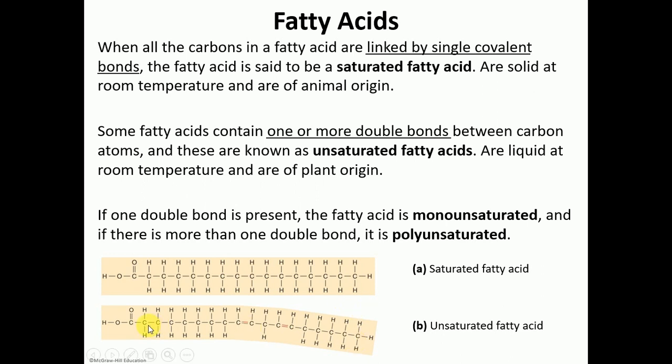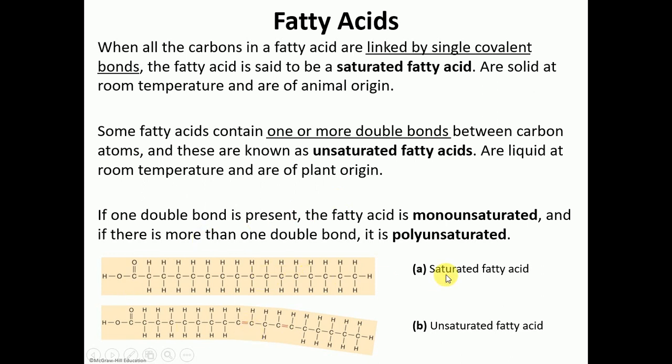While with unsaturated fatty acids, you'll see that one or more carbon atoms can have double bonds, these covalent bonds. Okay, these unsaturated fatty acids tend to be liquid at room temperature and are of plant origin. So for example, olive oil, corn oil, and so on. So which one of these do you think is healthier?